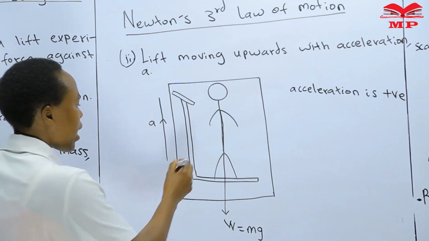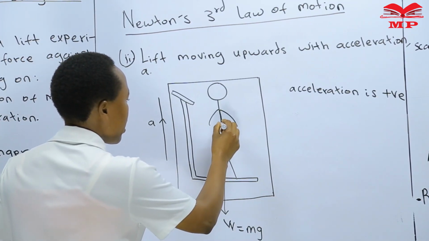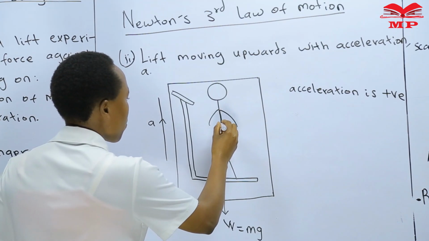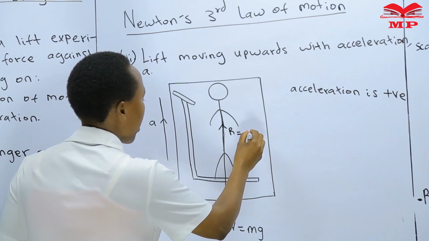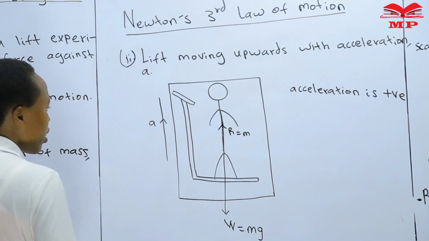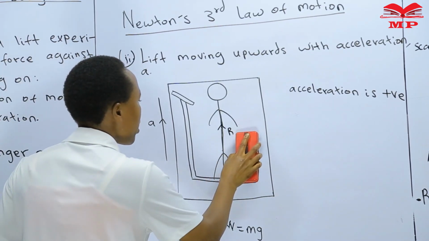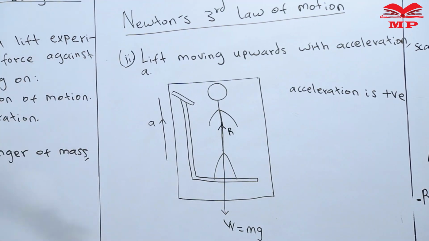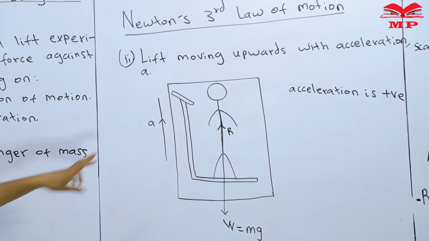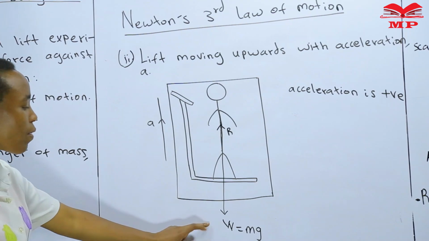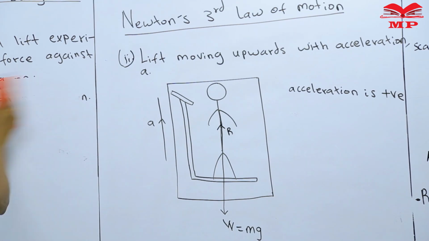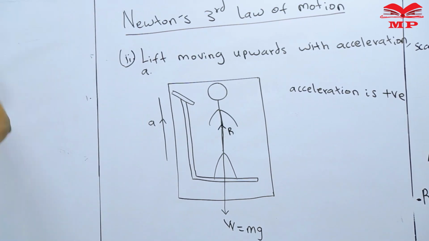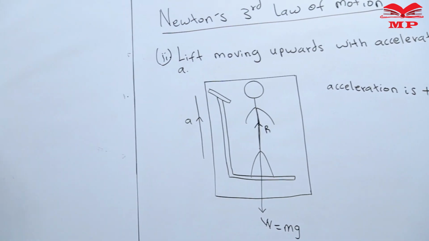And as a result, there is also the reaction force, again given by mass times the gravitational force. The body is moving upwards, so we have the acceleration, which is positive, and we have the weight. We want to know what the reading on the scale will be, so we'll move ahead and calculate.